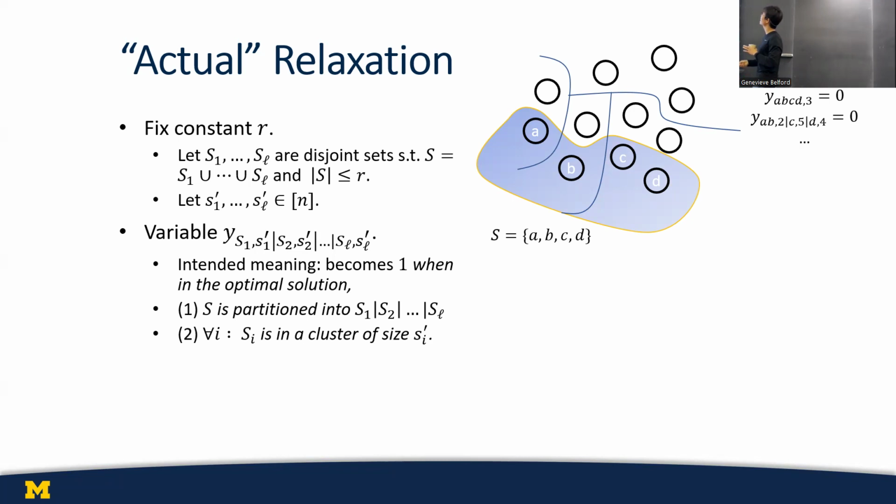If you look at the size of each part, the part containing A has 2 vertices total, the part containing B has 2 vertices total, and the part containing CD has 4 vertices total. So the variable that will be set to 1, the actually true variable here, is going to be Y sub A2: A is its own cluster that has size 2, and then B2: B is in a different cluster that has size 2, and then CD4. So that's my intended meaning of this variable.